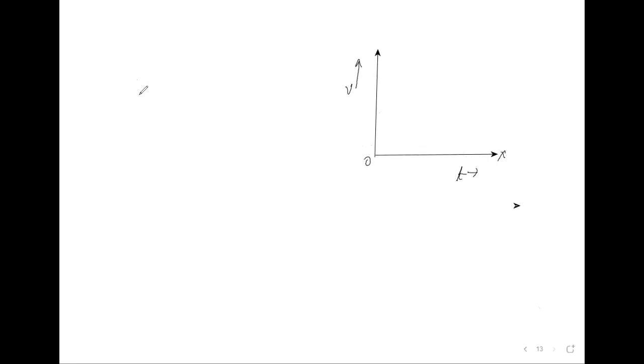This is the origin. Suppose that an object started from some position and ended at another position, and the velocity with which the object started was 20 meter per second.